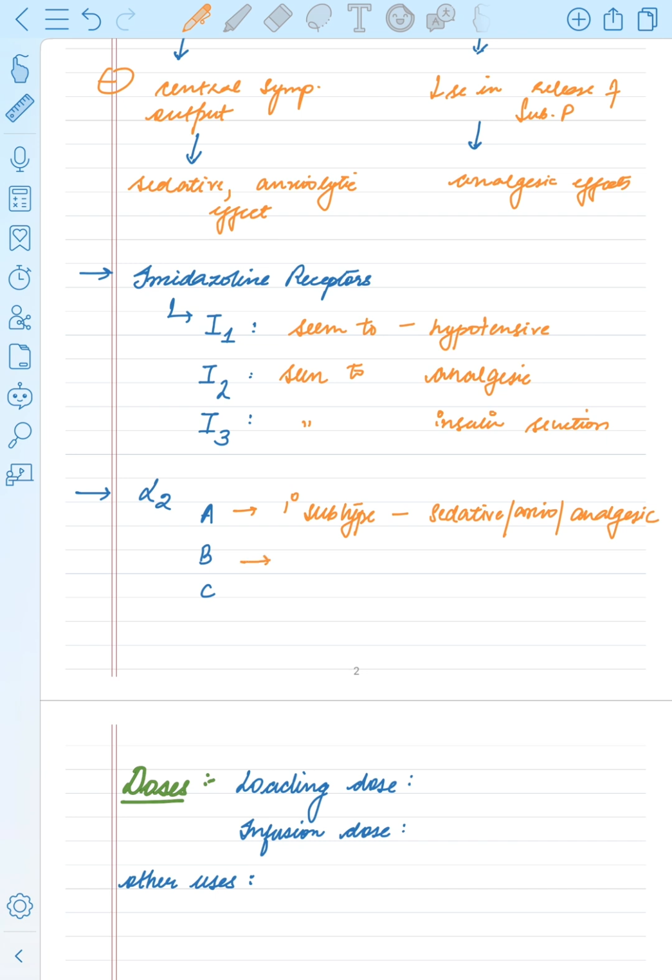The alpha-2B subtype is mainly responsible for the initial transient hypertensive response, which is seen with the rapid high-dose IV administration of dexmedetomidine.